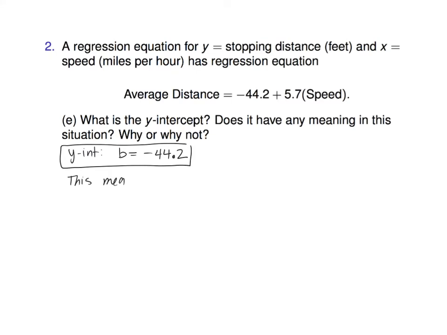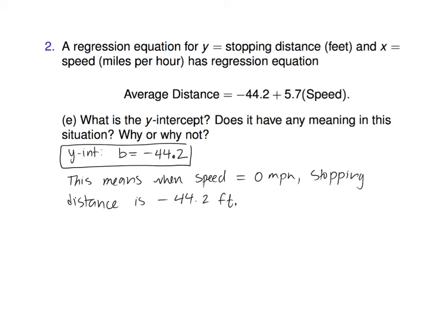So this means when speed, which is x, is equal to 0 miles per hour, stopping distance is negative 44.2 feet. Obviously, this makes no sense.